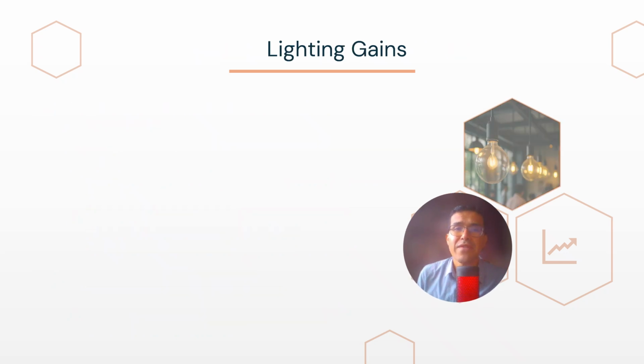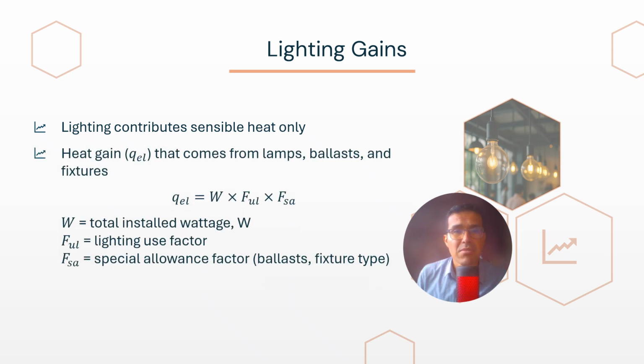The primary source of heat for lighting comes from the light-emitting lamps, but additional heat is generated from ballasts and other components of the luminaires. The sensible heat gain from lighting can be estimated with this formula, where W is the total light wattage, one factor is the lighting use factor, the ratio of wattage in use to total installed, and the other is the lighting special allowance factor, which accounts for power consumed by ballasts and any other effects.